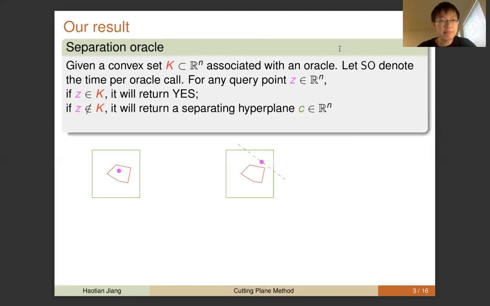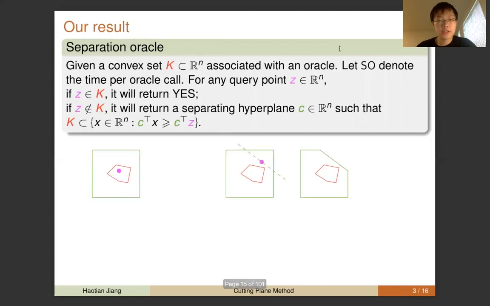If z does not belong to K, it will return a separating hyperplane such that the entire feasibility region lies on one side of the hyperplane. And in particular, we can shrink the search space for the feasibility region by removing the other side of the separating hyperplane, as is shown in the following picture. That's why these methods are called the cutting plane method.